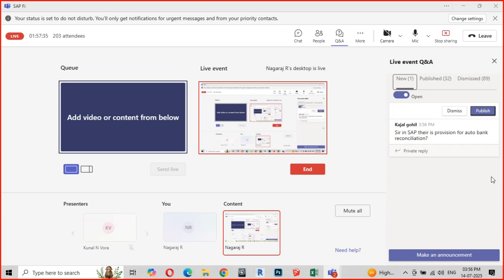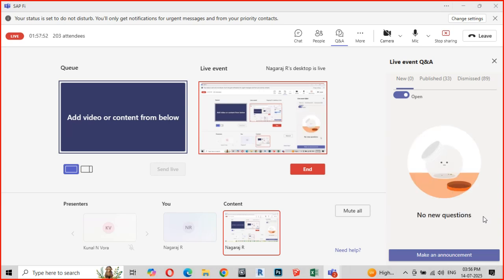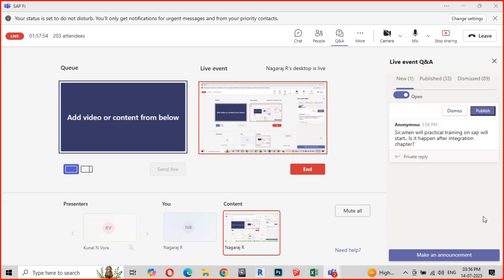Yes. The main reason for SAP is to automate the processes, and this is definitely automated. Your process of bank reconciliation is also automated.